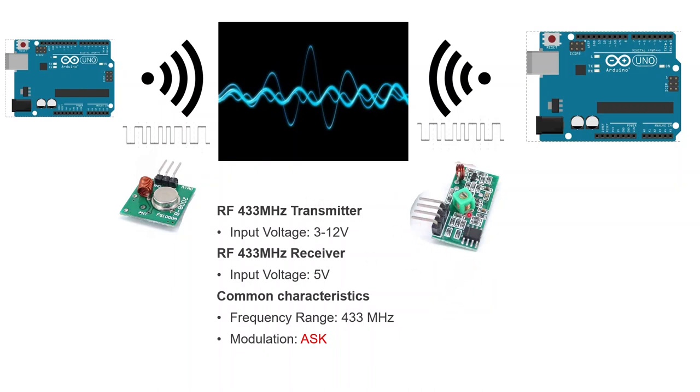If we keep them side by side while we do our tests, it will work anyway, but if you want to increase your transmission, then you can add little antennas. Better to add it to the receiver than the transmitter, because it's a bad thing if you transmit too much energy and you interfere with other people's transmissions, and in some cases it's also illegal. So you should remember that.